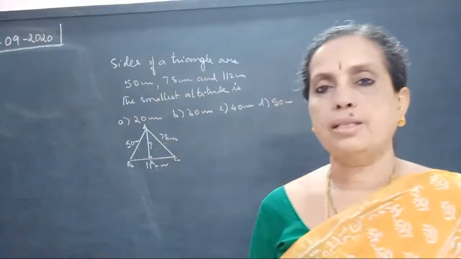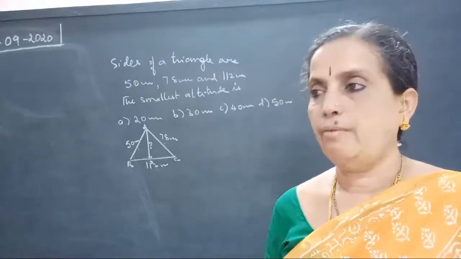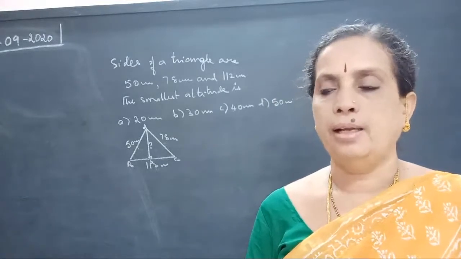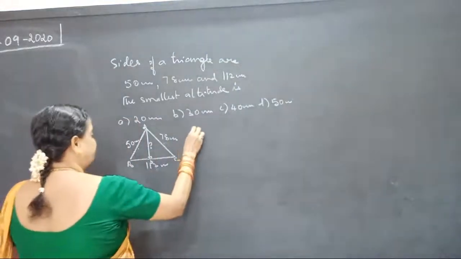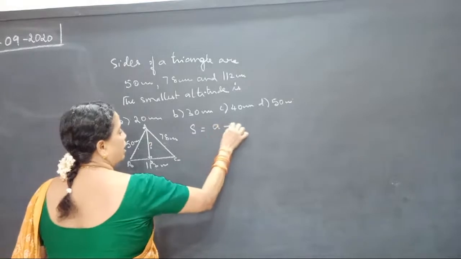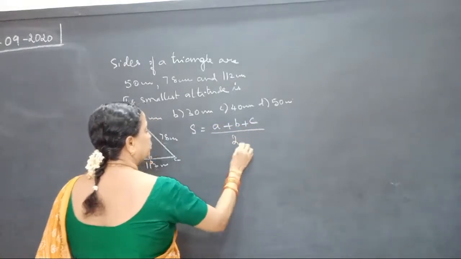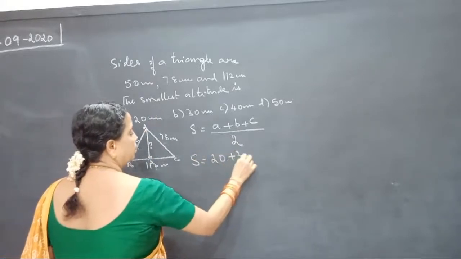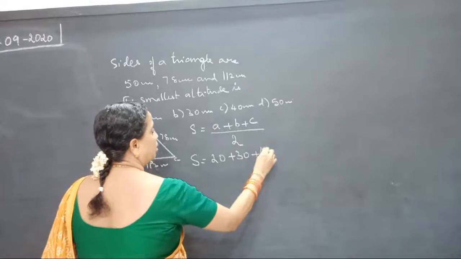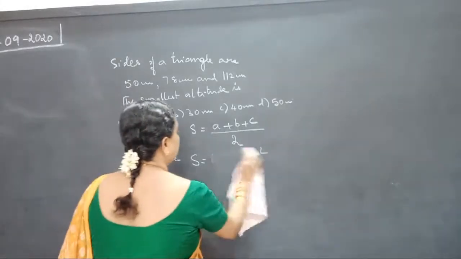Here, with the three sides, we can find the area of the triangle. Write up: in triangle ABC, calculate the semi-perimeter S. S equals a plus b plus c by 2. I'm writing the MCQ answer.